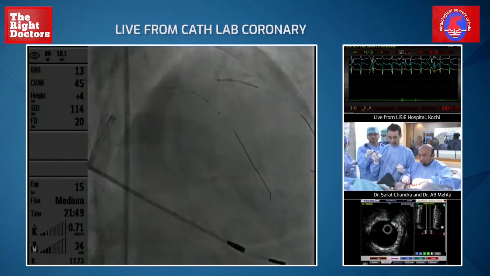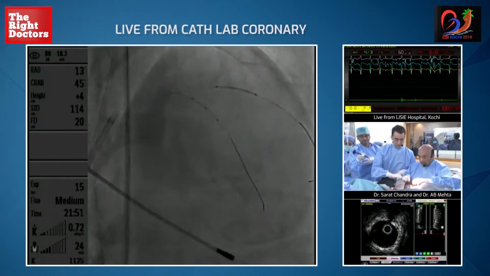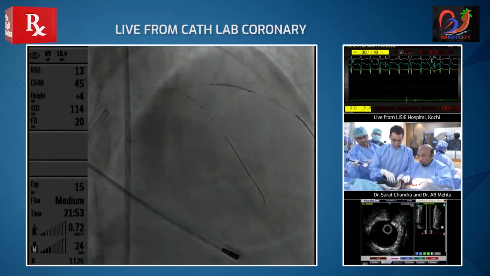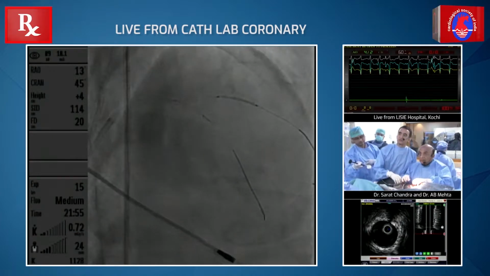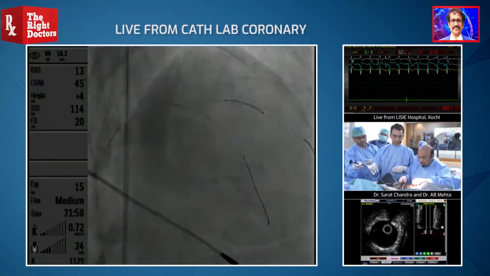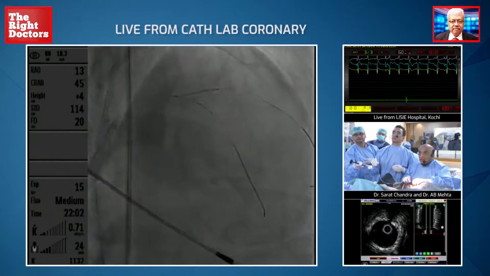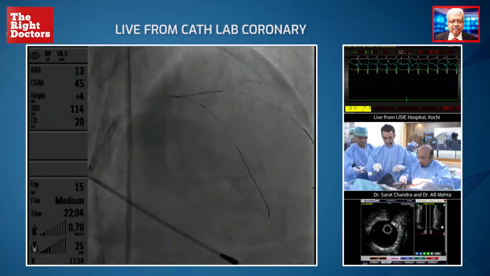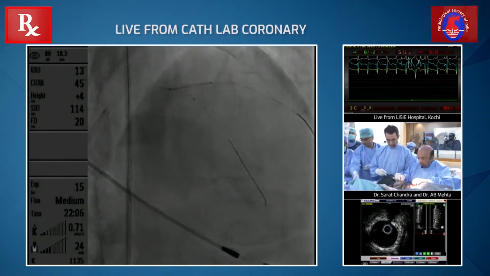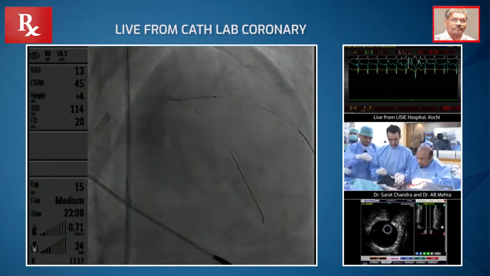We've got a good physiology result already. I think it's unlikely we're going to find any major malapposition. But given the importance of giving this lady the optimal result, we're going to do the OCT.